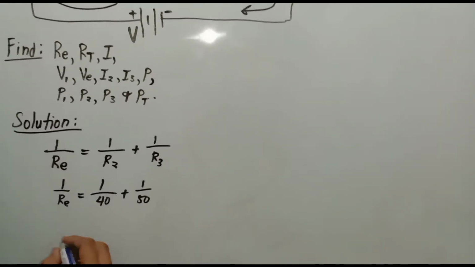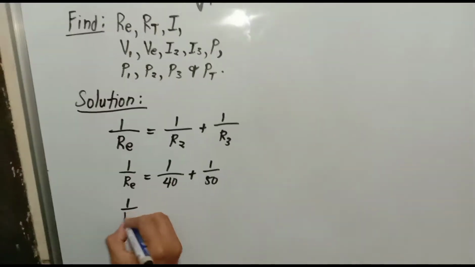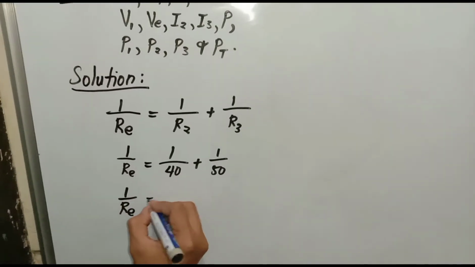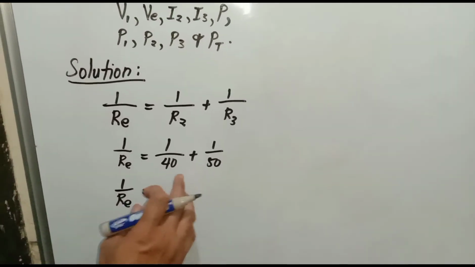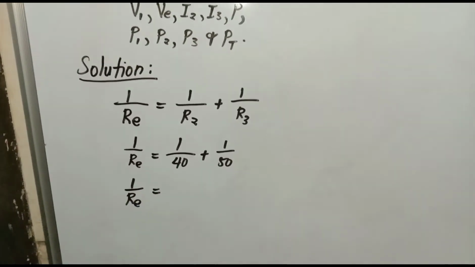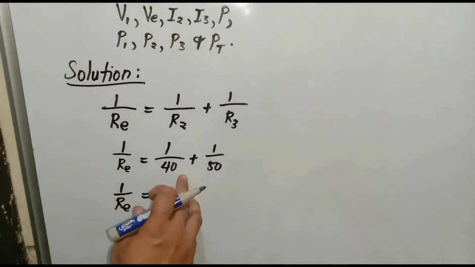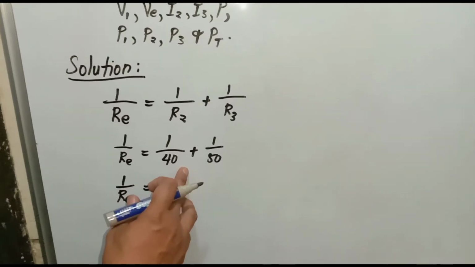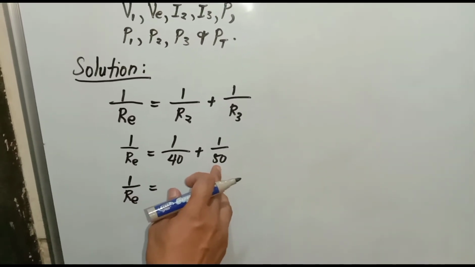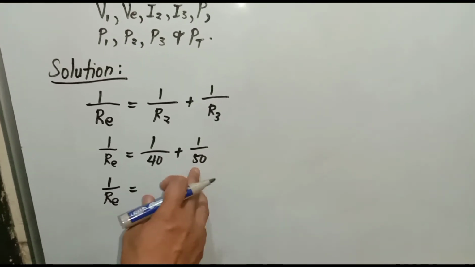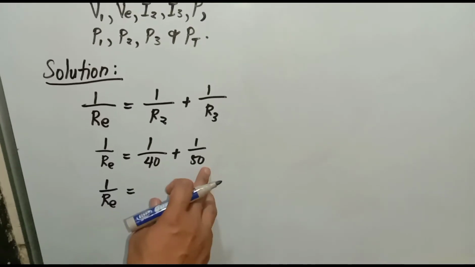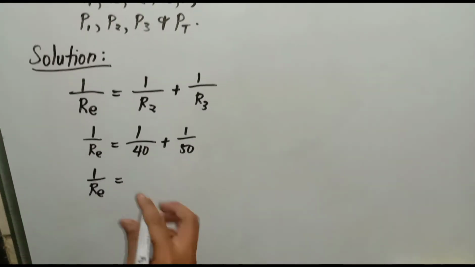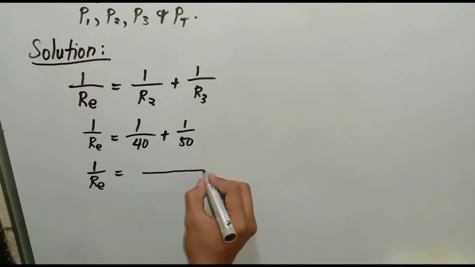So 1 over RE, the equivalent resistance, is equal to... what is the common denominator for this? It is 200.